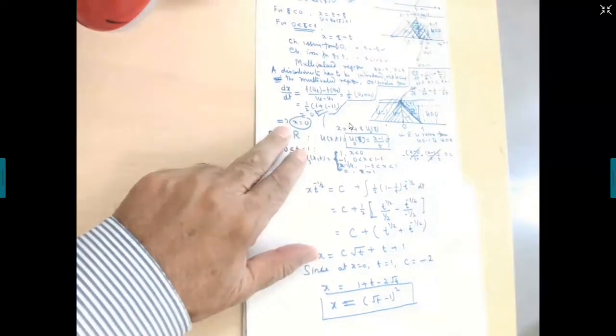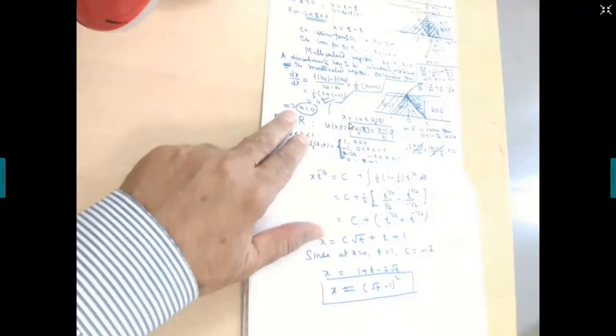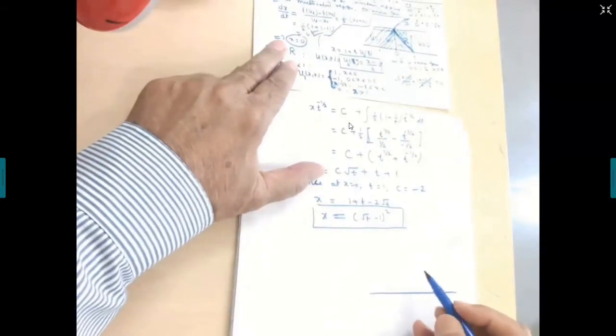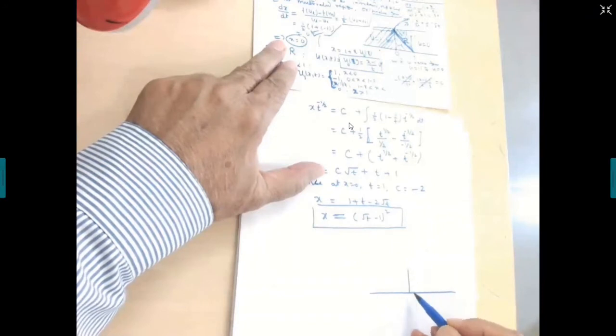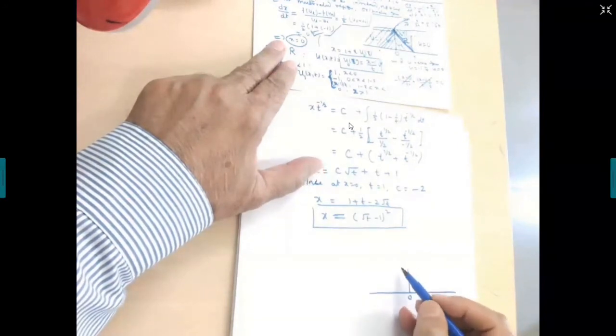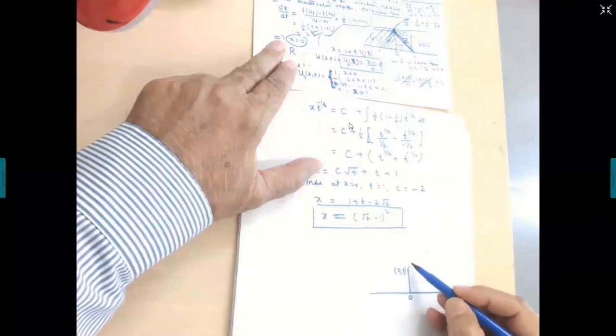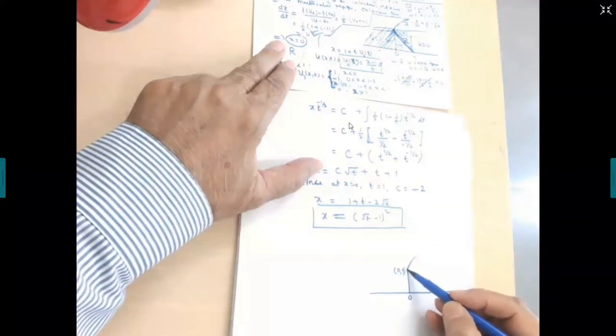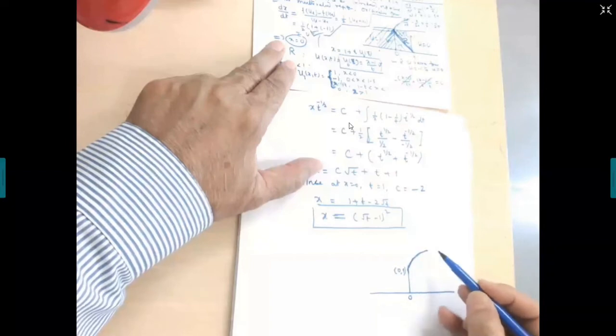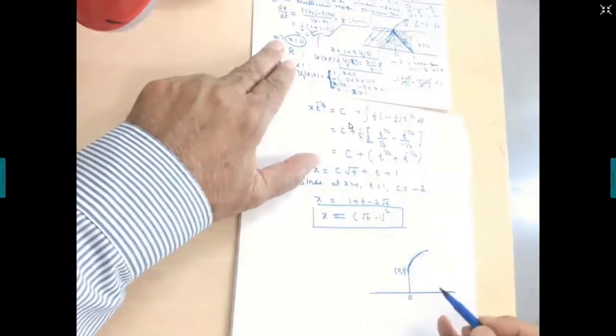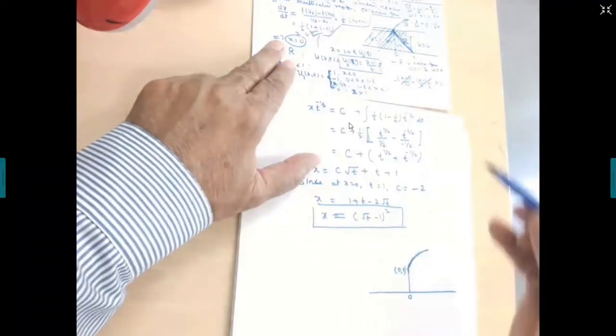Let me again draw the figure. From 0 to 1 it is stationary, and from there it is a smooth curve. This was your fan at 1, is that right?